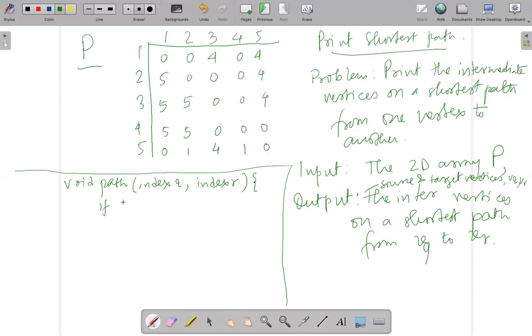If P of QR is not 0, then you recursively call path with Q and whatever is there in PQR.